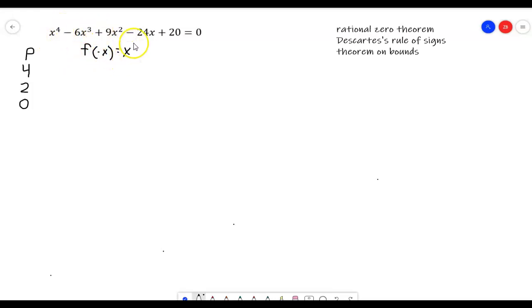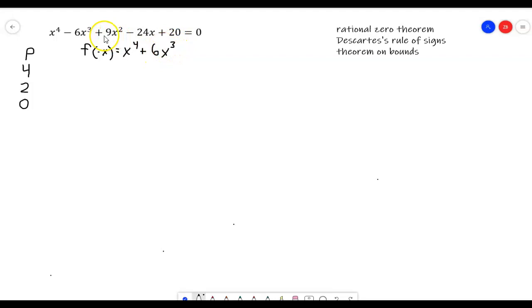So that's going to stay x to the 4th. But an odd exponent will change signs, because a negative number to an odd exponent does change signs. So that will become a plus 6x cubed.